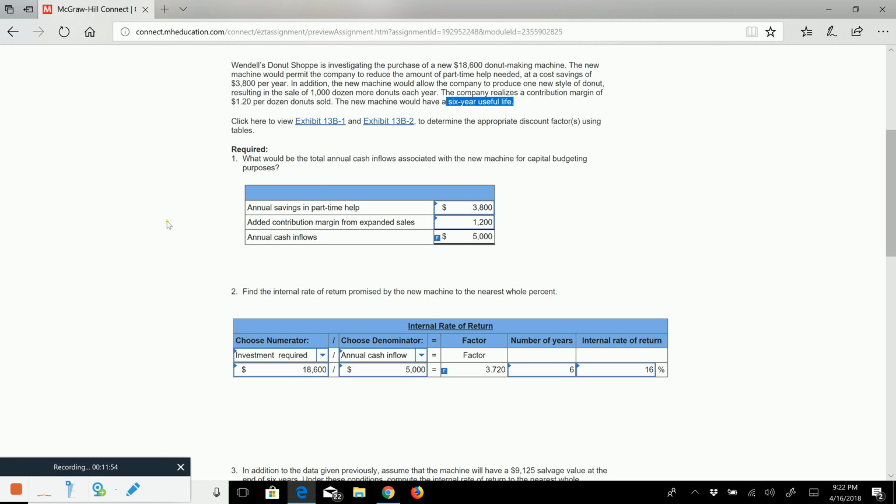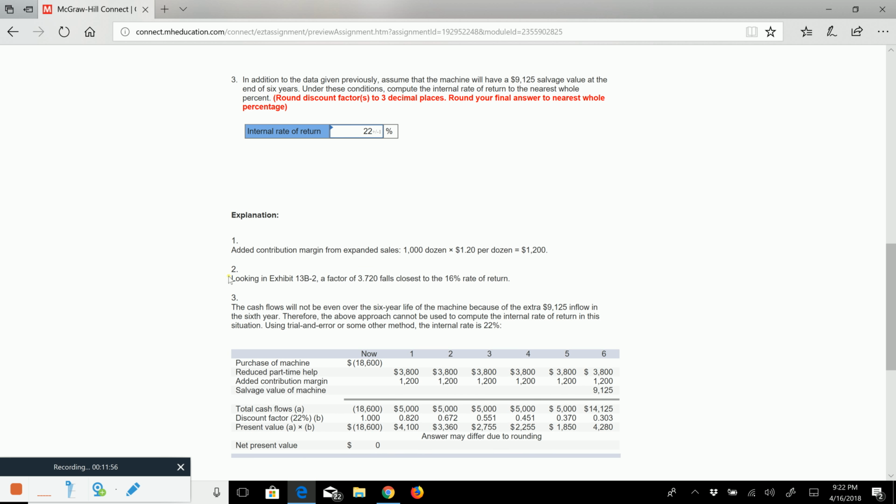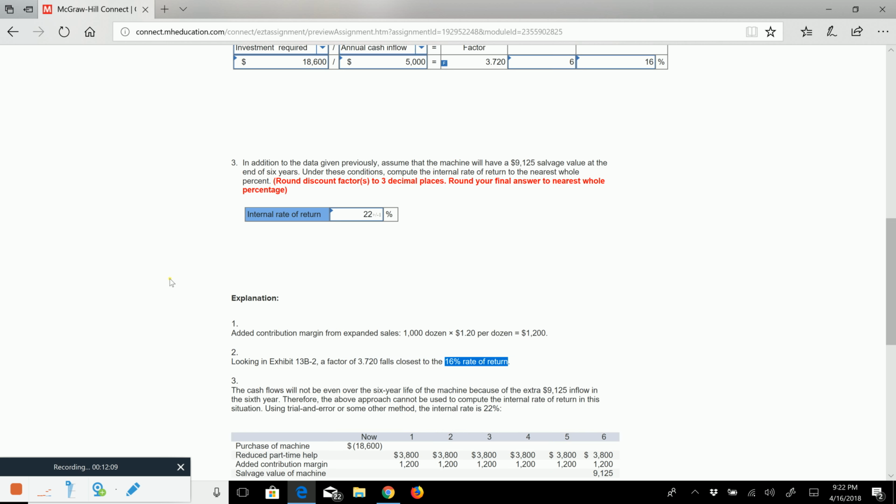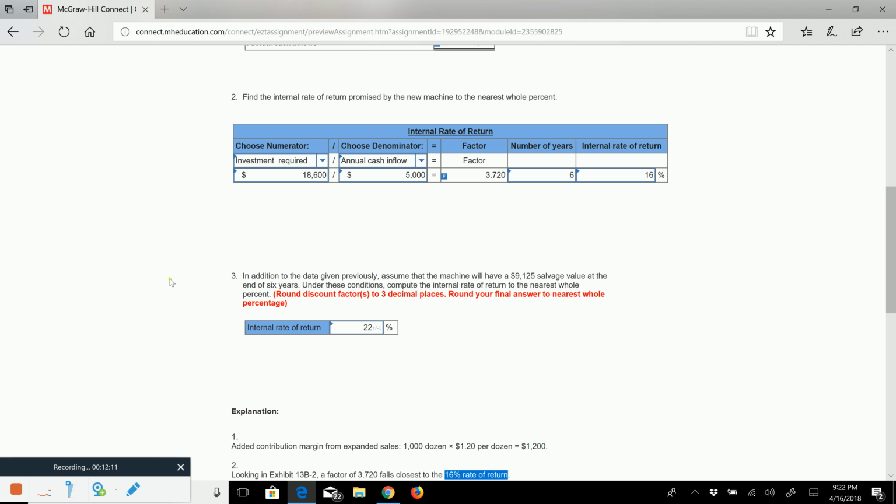So if I go across row 6 and I keep going until I find this factor of 3.72, it falls closest to the column where the rate of return is 16%. That is how you calculate the internal rate of return. Once again, the internal rate of return is when the net present value is 0.